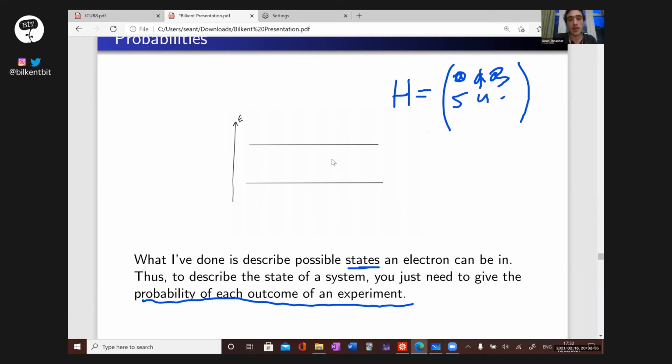Once you specify the Hamiltonian, you get the two energy levels from that somehow. It gives you what these two energy levels are. And then a particular state would be a way of telling what the probability is of an outcome.